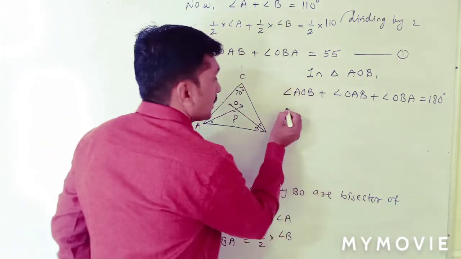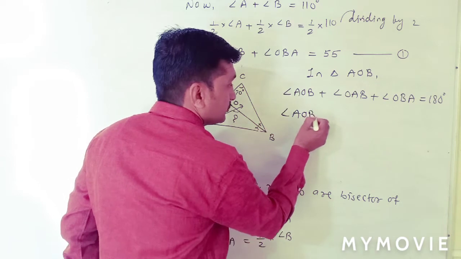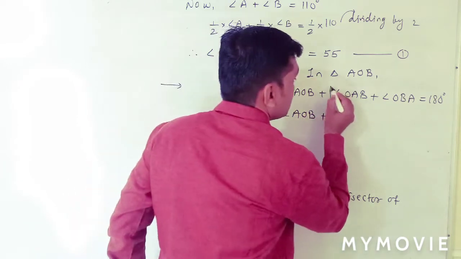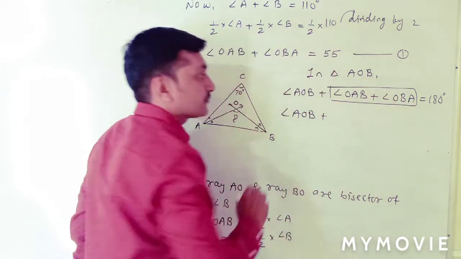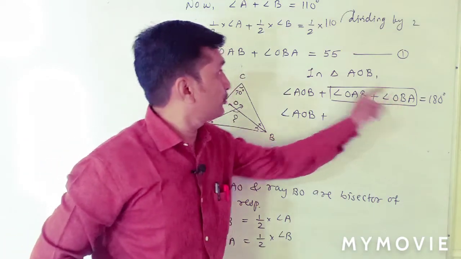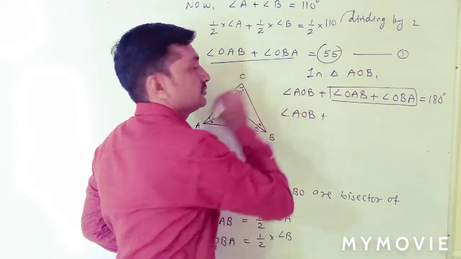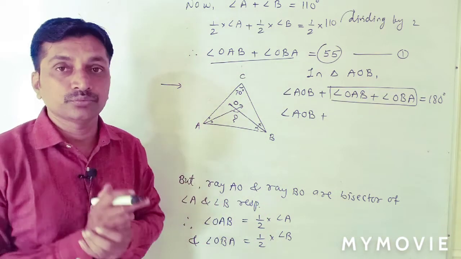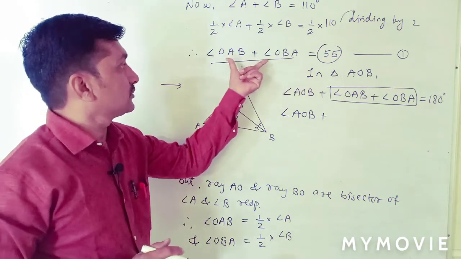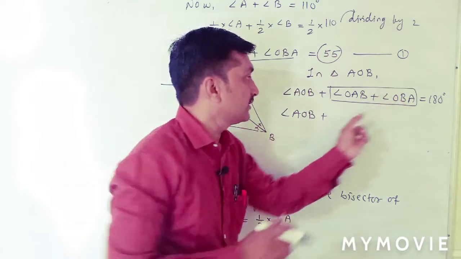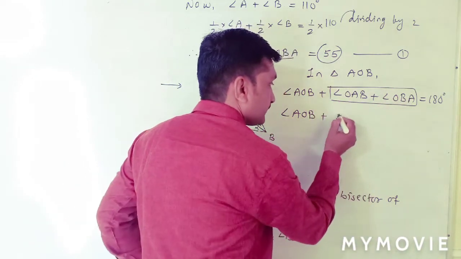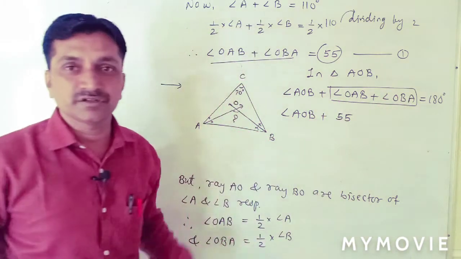Now angle AOB we have to find, but the sum of these two angles, OAB and OBA, we know from equation 1: the sum of these two is 55. Therefore put 55 here. This is the common value.